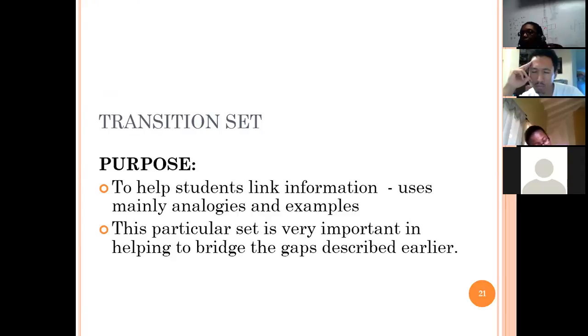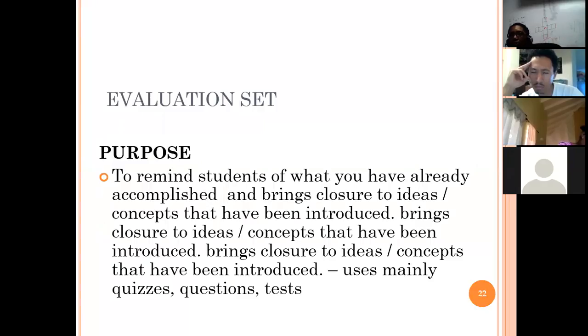So immediately you have made a sentence that links bonding to writing chemical formulae, and that could be considered a transition set. So it's the sort of phrases, actions and steps that you take in your lesson to link information. My point here is that it's not in your lesson plan, but it's something that you think about as you teach. And we will look at that some more by looking through the plans.